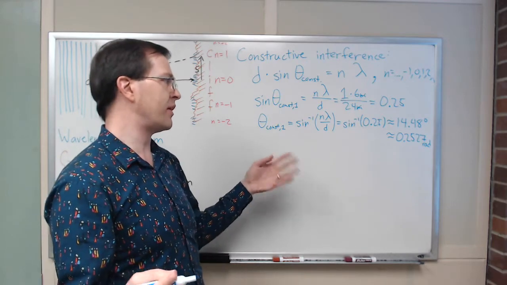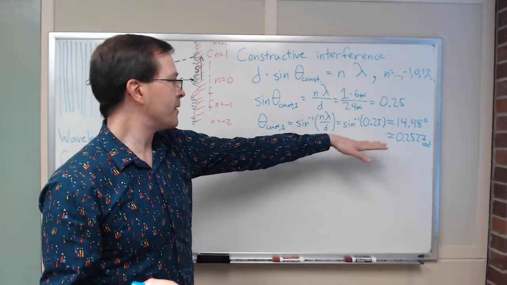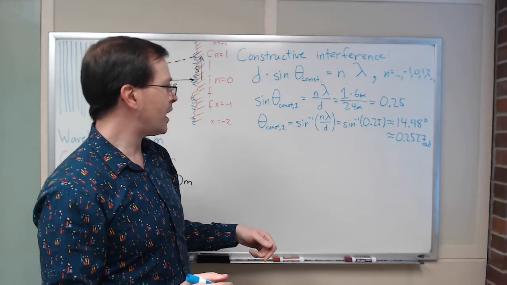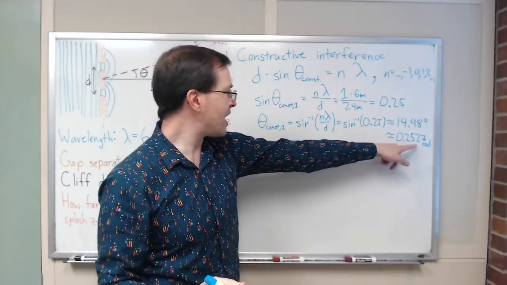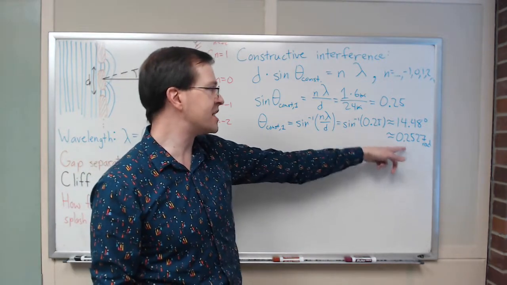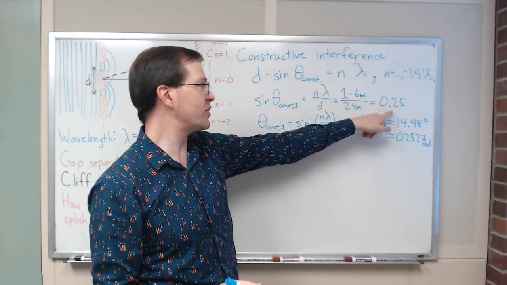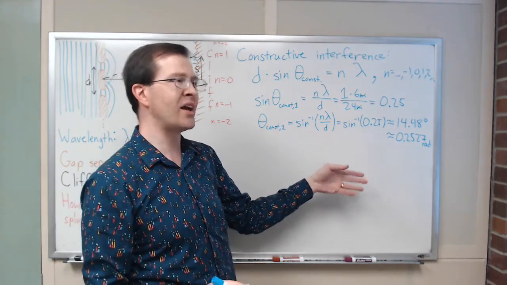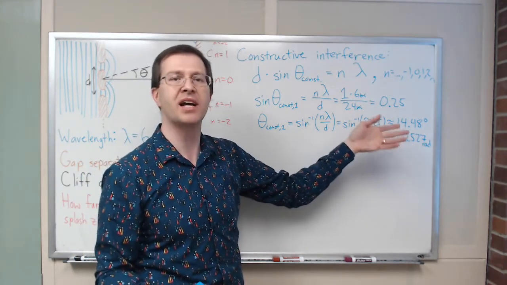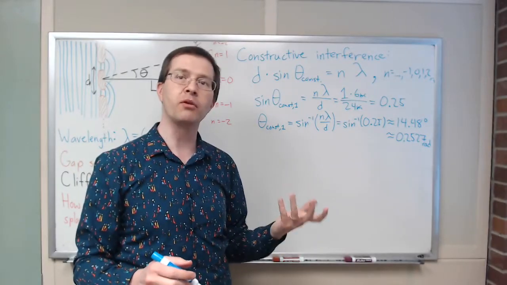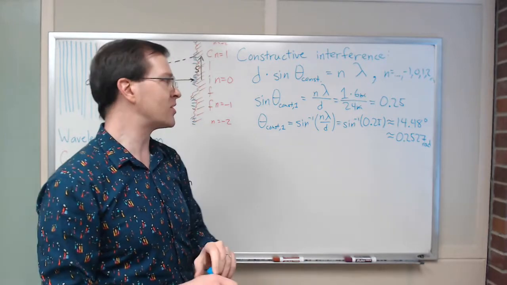Quarter of a radian, that's interesting. 0.2527 is actually really similar to 0.25. That's only about 1% different between sine of theta and theta when we have a relatively small angle. 14 degrees isn't that small, but it's kind of small, and we're only 1% different between those. It's actually an important point that that's true. We'll come back to it later.